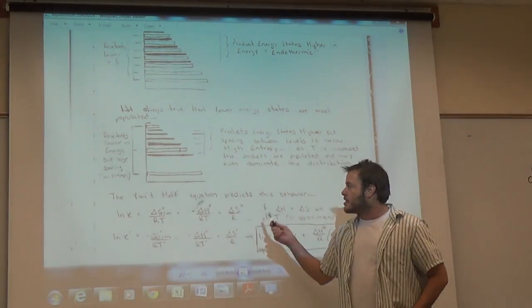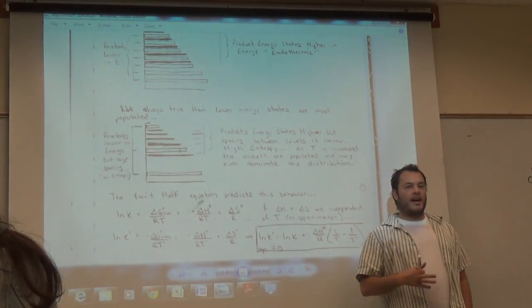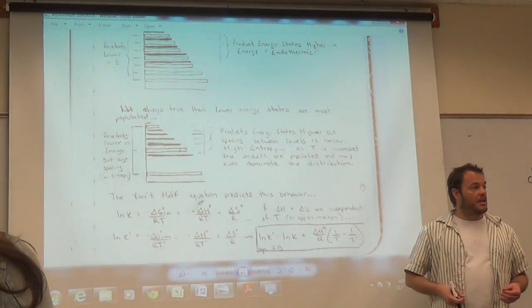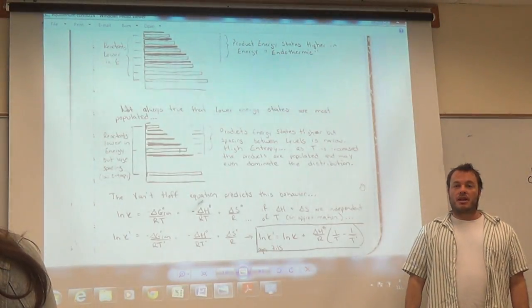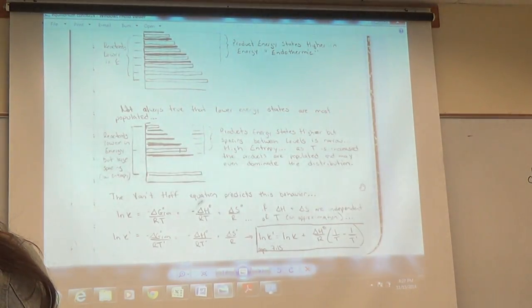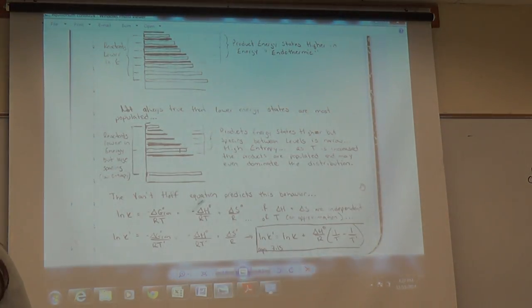But essentially, what this is suggesting is that whichever side of the reaction, reactants or products, has the highest entropy, that side of the reaction is going to end up dominating at a high temperature. It's going to be most favorable at high temperature.